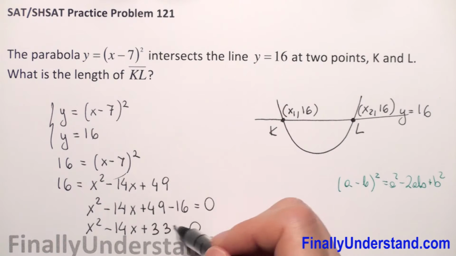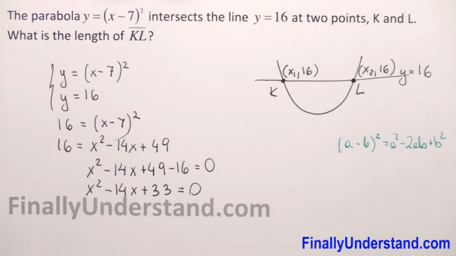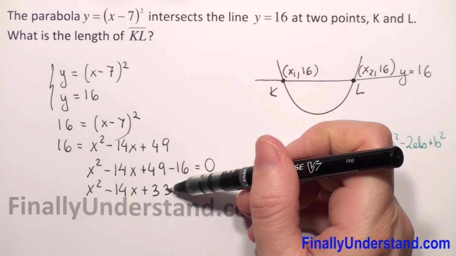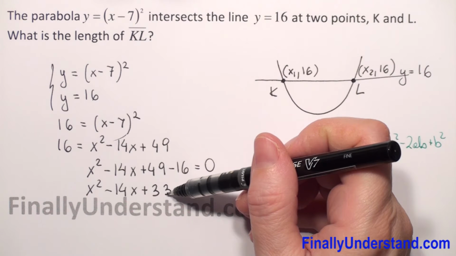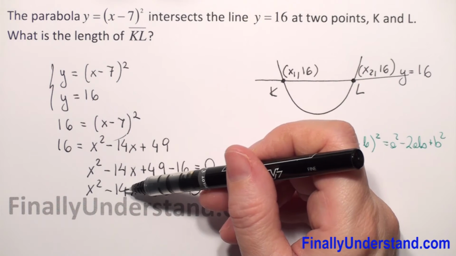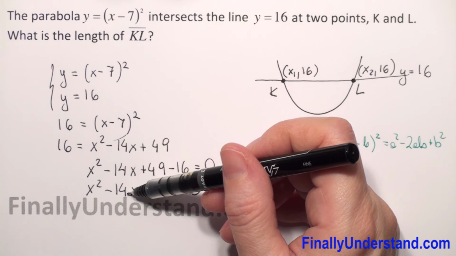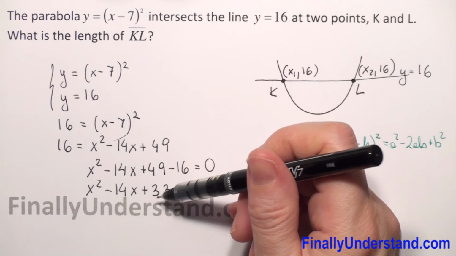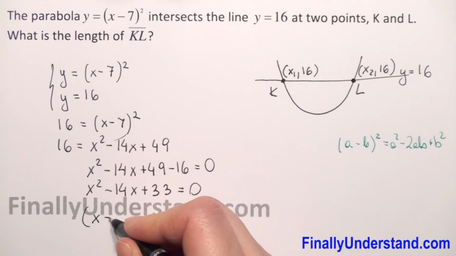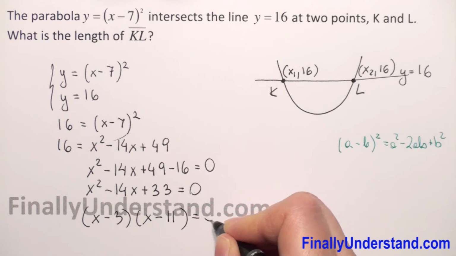And now to solve this quadratic equation, we will use the factoring method. We have to find 2 numbers which multiply to 33, and when I add these numbers, I will have negative 14. So it will be negative 3 and negative 11. So we can rewrite the left side as (x minus 3) times (x minus 11), equal to 0.